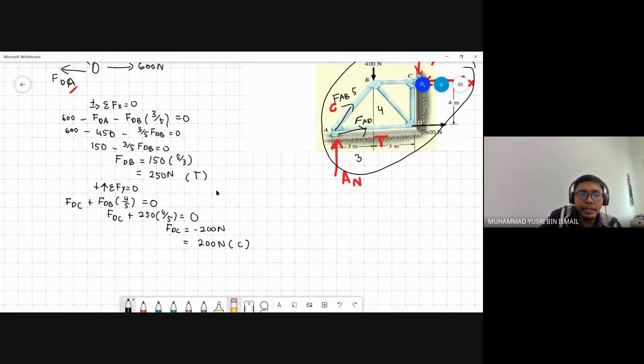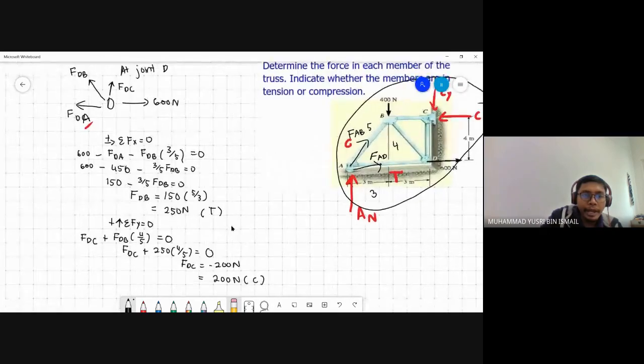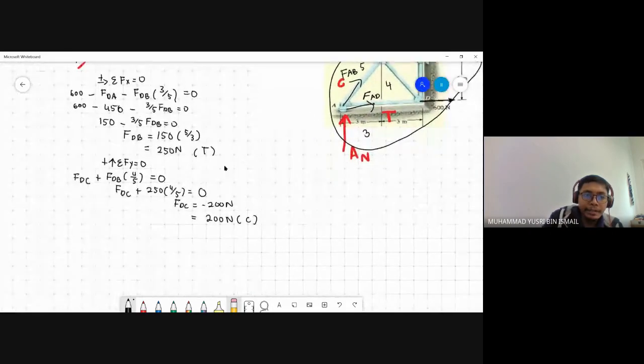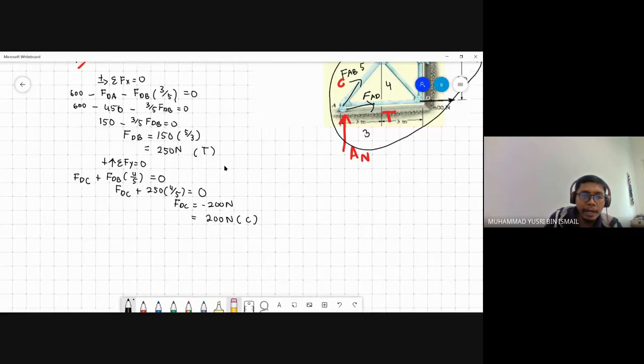Okay, so basically FDC is actually a compression.